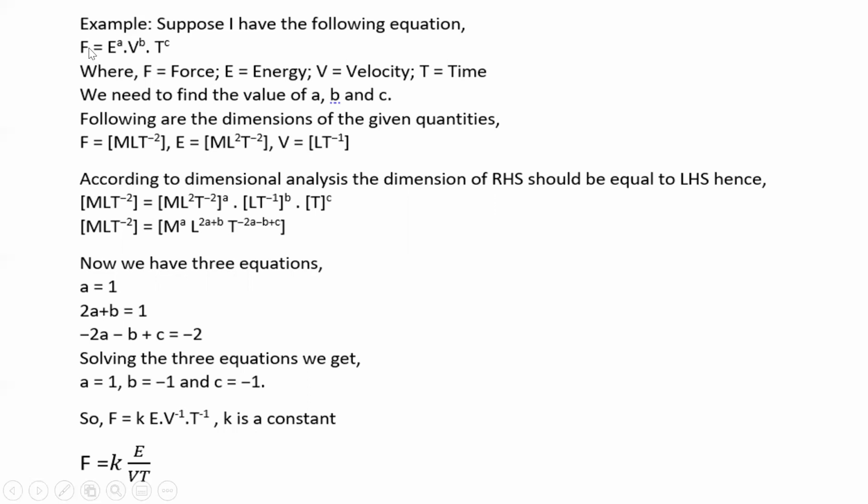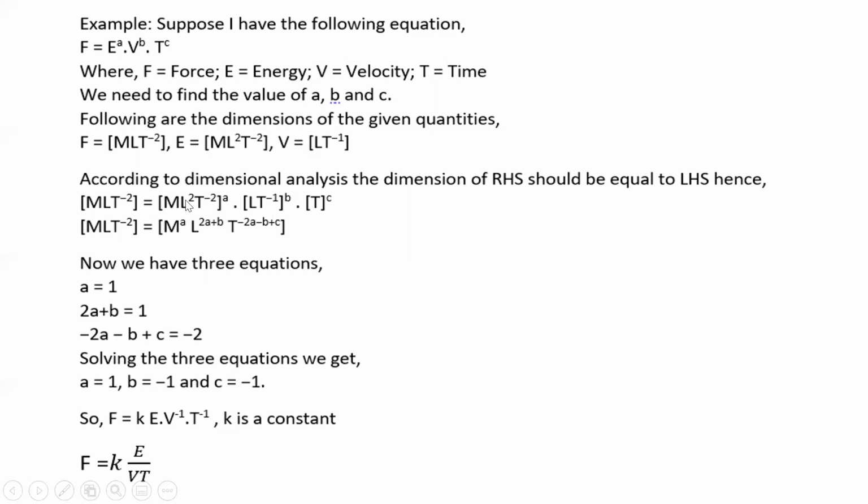So you will get, instead of F, MLT^-2 is equal to, for E, (ML²T^-2) whole raised to a, because here we put E raised to a, and the dimensions of velocity (LT^-1) whole raised to b, and dimensions of t, that is T itself, raised to c. Now let us put a into the bracket.